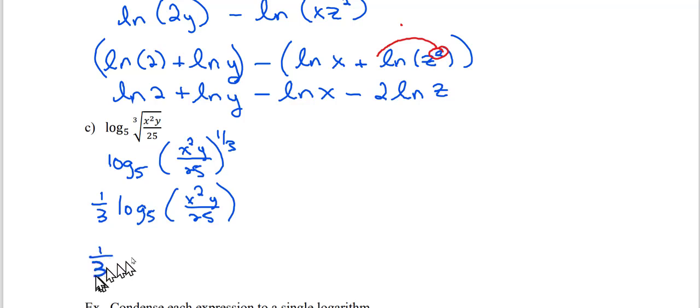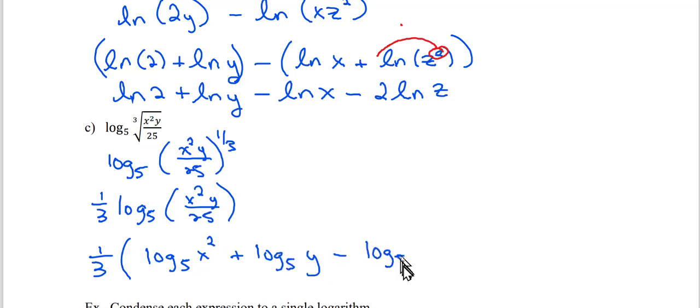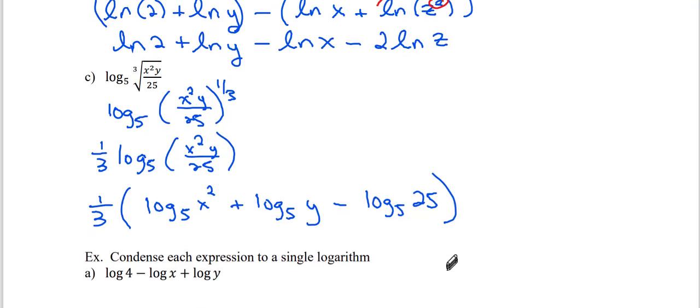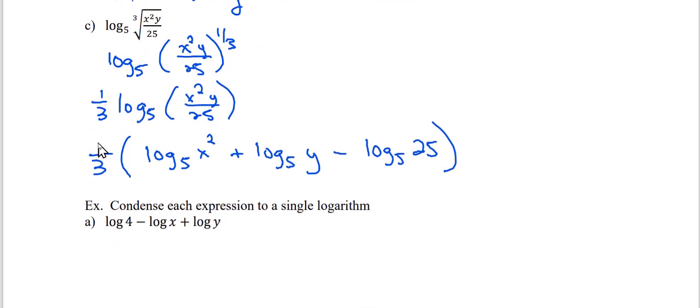And now I'm going to have 1/3 times, when I try to expand this, log base 5 of x squared plus log base 5 of y minus log base 5 of 25. Using that idea that the stuff that was in the numerator is the plus and what's in the denominator is the minus. The 1/3 has to be times all 3 of these logs, since it's times the single log above it.